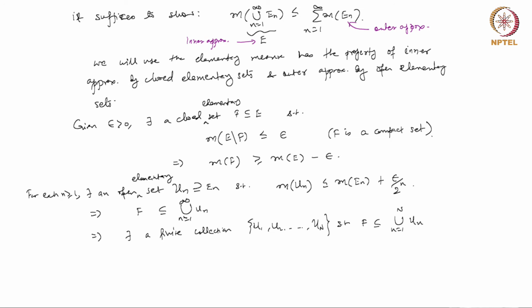So this means that the measure of F is less than or equal to the measure of the union n equal to 1 to capital N of Un, but this is less than or equal to the sum n equal to 1 to capital N of measure of En plus epsilon by 2 to the power n.